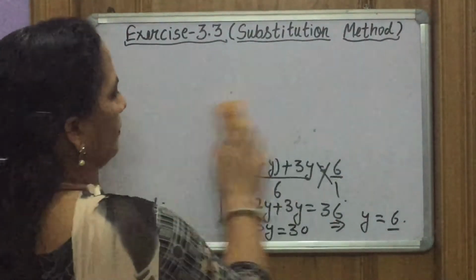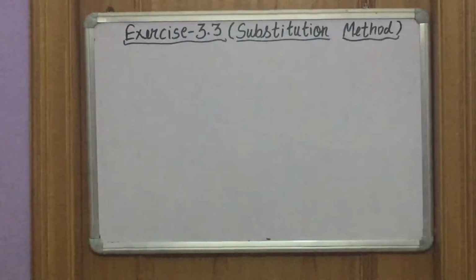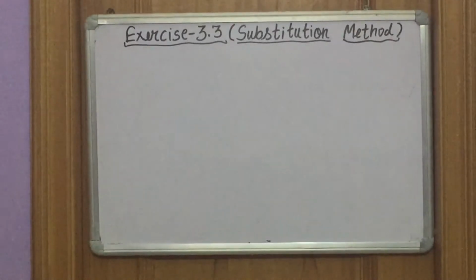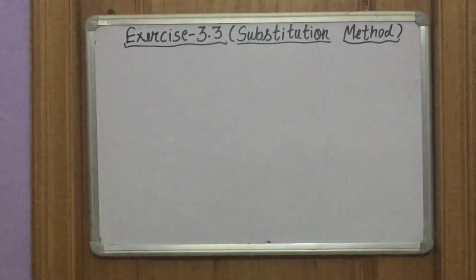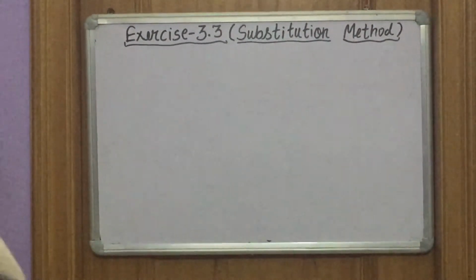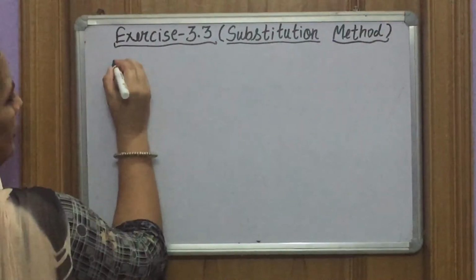Next question is, the difference between two numbers is 26 and one number is 3 times the other, find them. So in the statement we have two numbers, one number is larger.